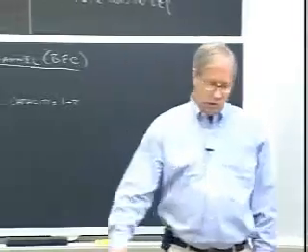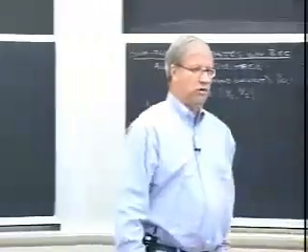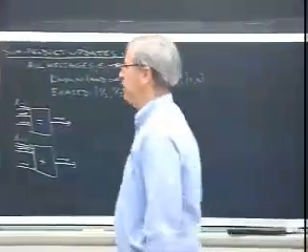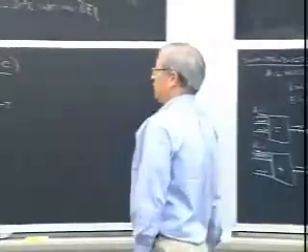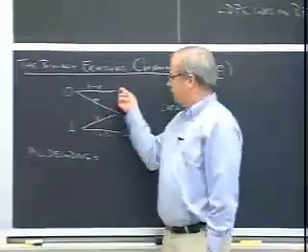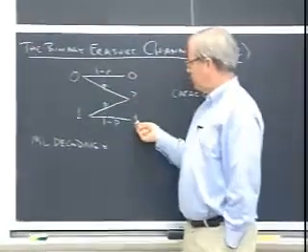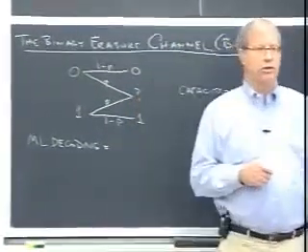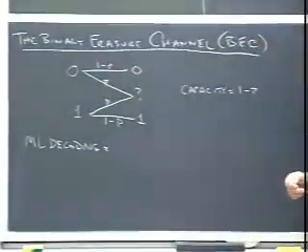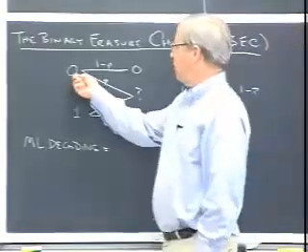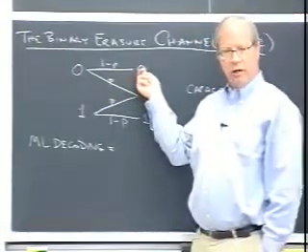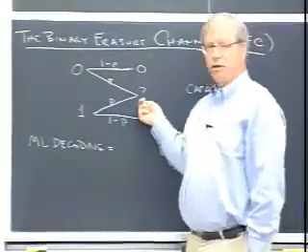So the binary erasure channel is one of the elementary channels, if you've ever taken information theory, that you look at. It has 2 inputs and 3 outputs. The 2 inputs are 0 and 1. The outputs are 0 and 1, or an erasure, an ambiguous output. If you send a 0, you can either get the 0 correctly, or you can get an erasure.